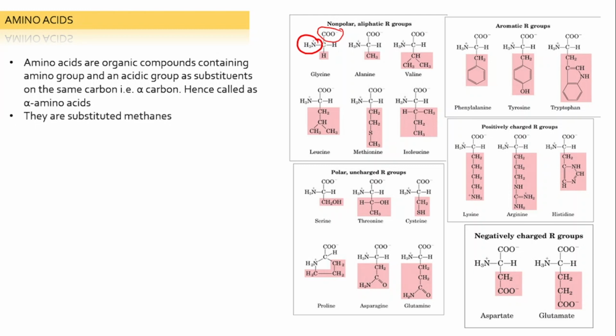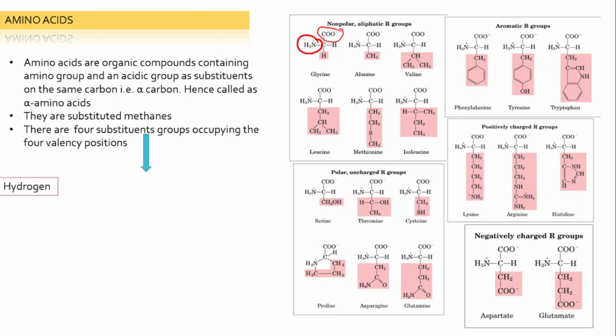They are substituted methanes. There are 4 substituent groups occupying the 4 valency positions. Here on each carbon we have 4 valency positions, so there are 4 substituent groups occupying all 4 valency positions. One is hydrogen, then carboxyl, amino group, and one variable R group.